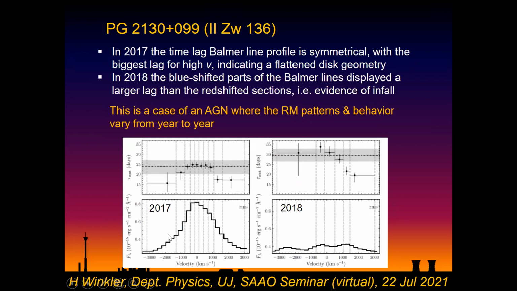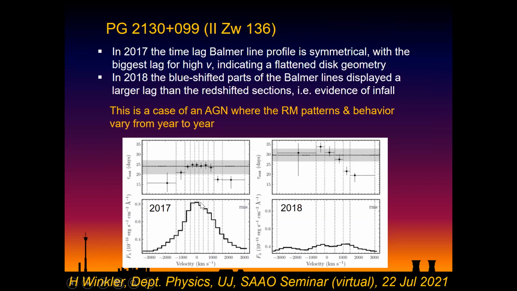What's happening here, this is a profile, if you like, of the H beta line, and it's been subdivided into segments. This would be the blue end, and this would be the red end over here. By splitting this line into these various channels, you can look at each channel individually and see what happens when you do a cross correlation with the continuum.